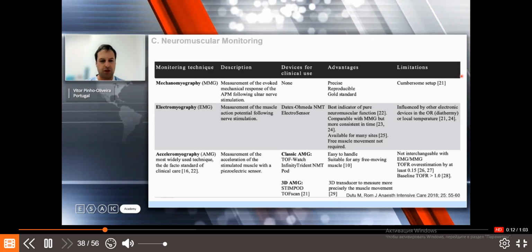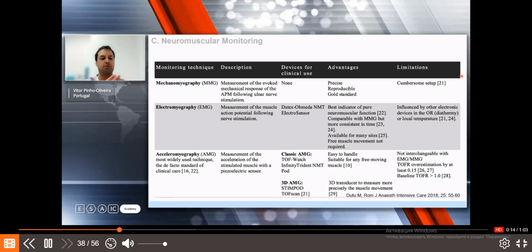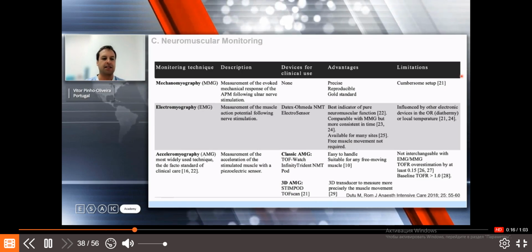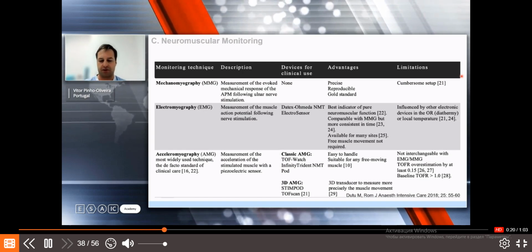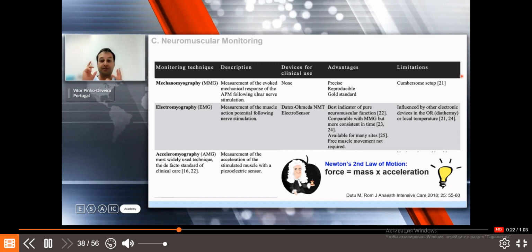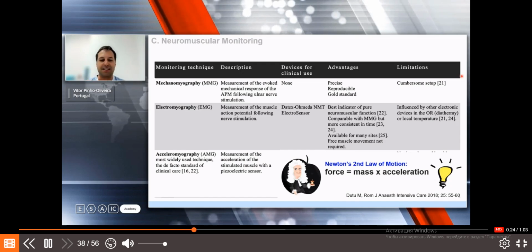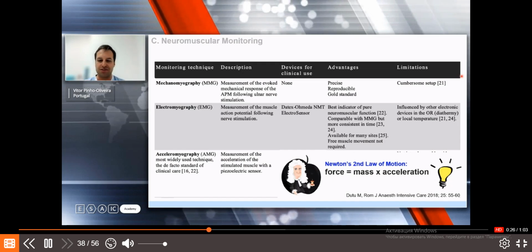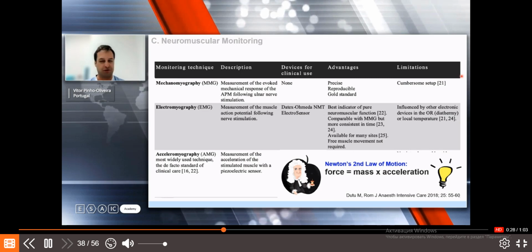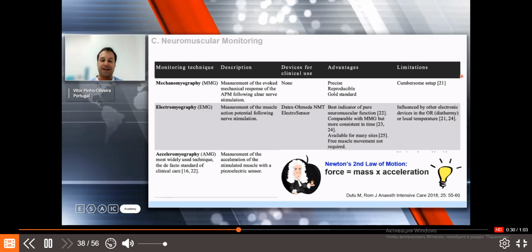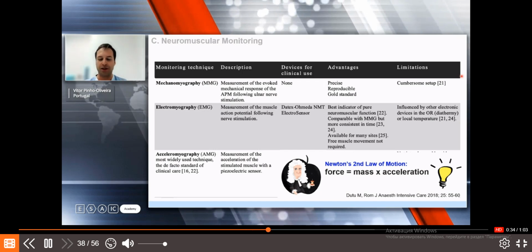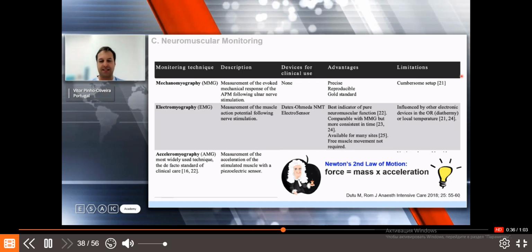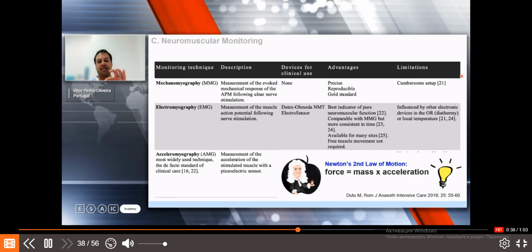But most recently, the acceleromyography is the most widely used technique, and it is being considered the de facto standard of care. There's another clue, because the acceleromyography uses the second law of motion of Newton, and if you say this to your examiner, you will surprise him, because we have the piezoelectric sensor whose mass we know.